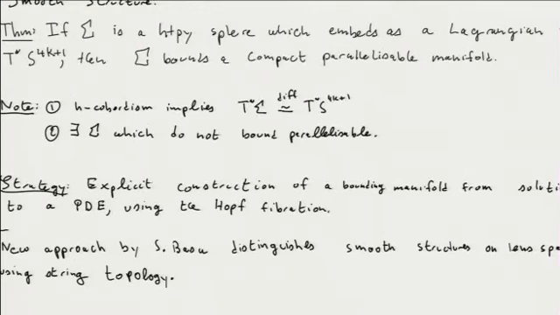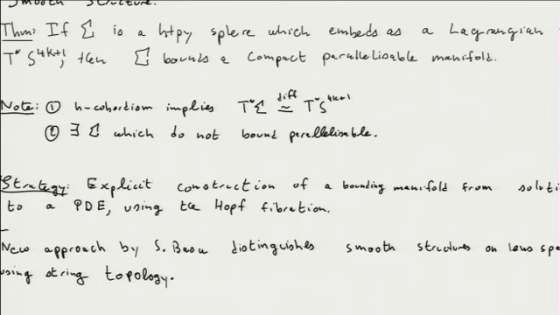You look in dimension 4k plus 1, where k is not equal to 1. So 9, 13, and so on and so forth. And there are homotopy spheres in this dimension. That is, there are spheres which are homeomorphic to the standard sphere, but not diffeomorphic to the standard sphere. And what we can prove is that if you could embed such a homotopy sphere as a Lagrangian in the cotangent bundle of the standard sphere, then automatically this Lagrangian must bound a parallelizable manifold.